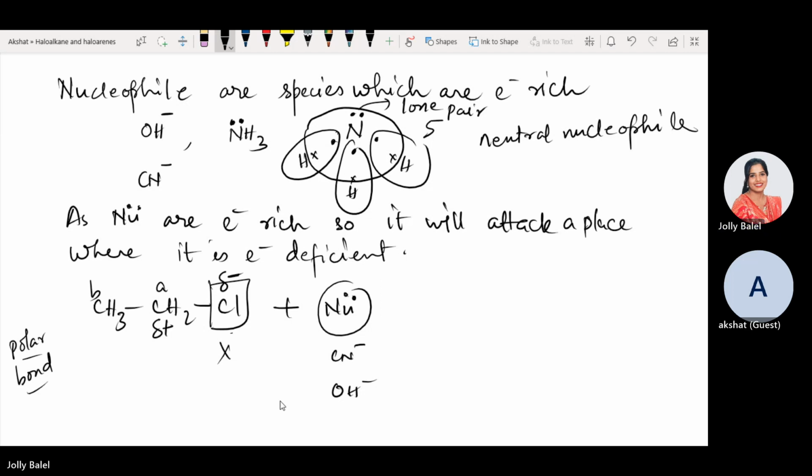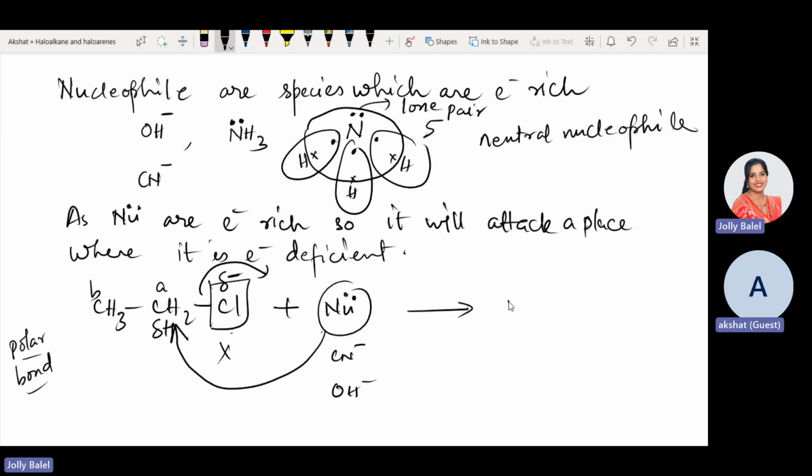So this nucleophile will attack this carbon. As it is substitution, in place of one, the other will attack and join, and the first one will leave. So here the nucleophile attacks the electrophilic center, and this halogen leaves as the leaving group.